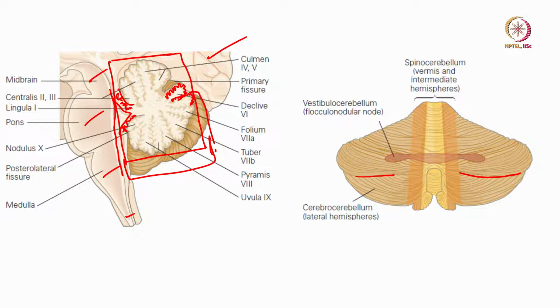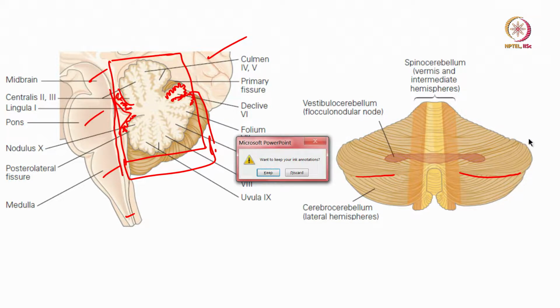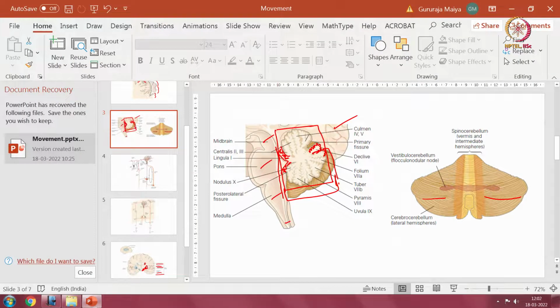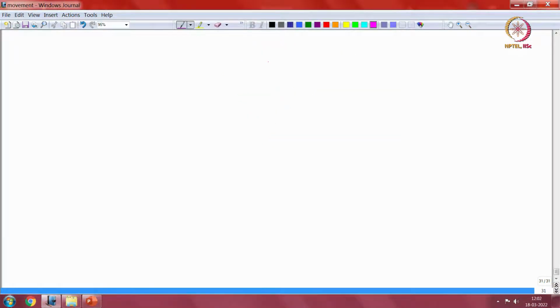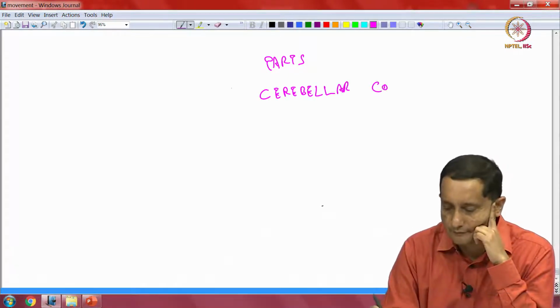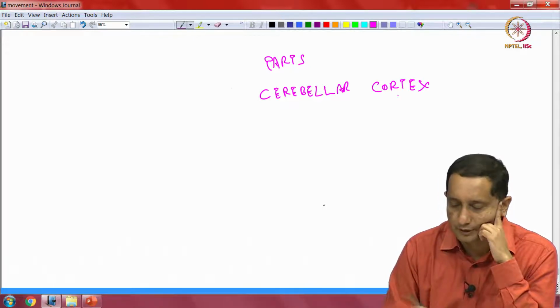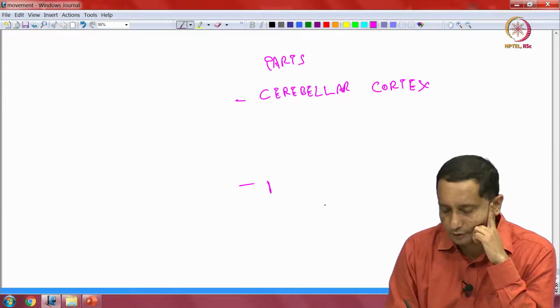Structurally, we look at it in a different fashion. I think I should explain a little more. You have the cerebellar cortex, and then you have the deep nuclei.